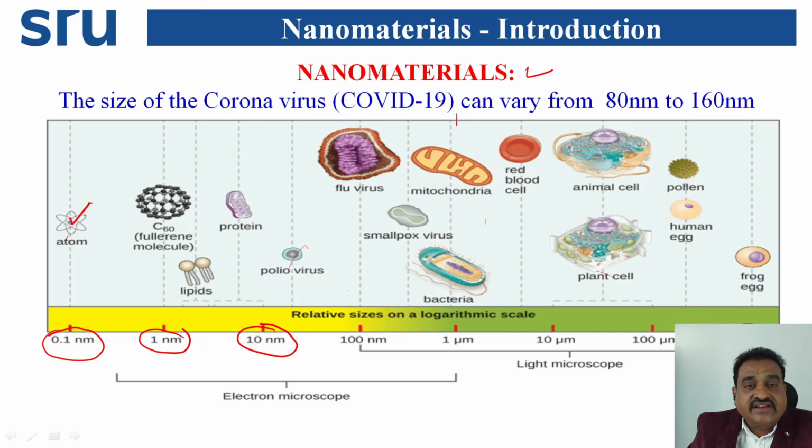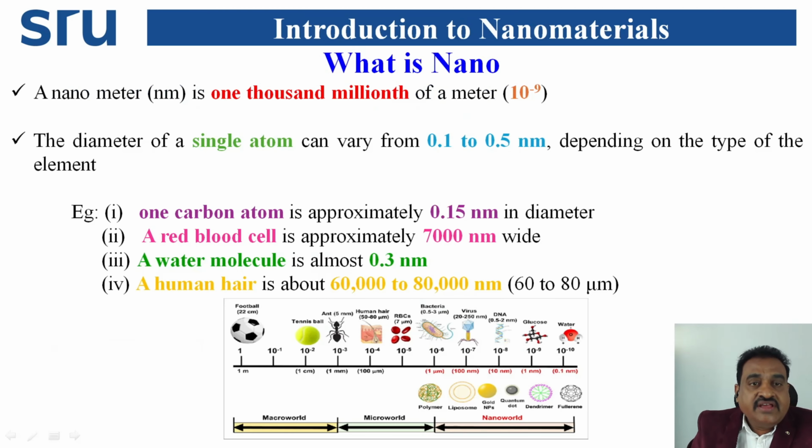So this is the nanometer scale. The size of the coronavirus COVID-19 can vary from 180 nanometers to 160 nanometers. A nanometer is 1000 millionth of a meter, as already discussed.